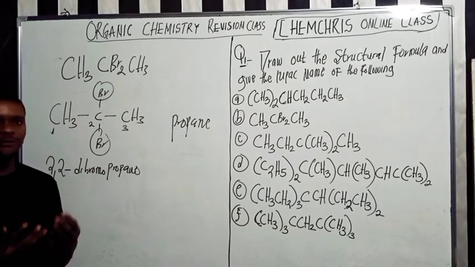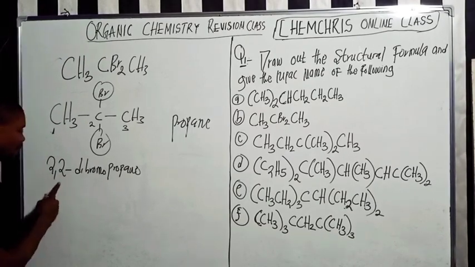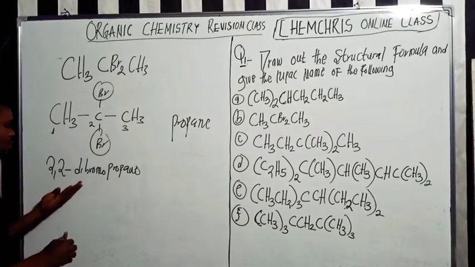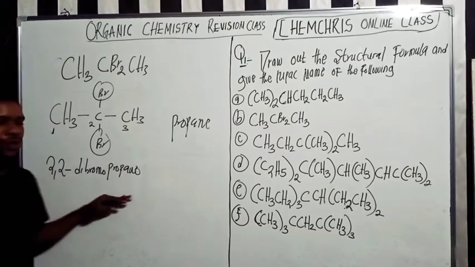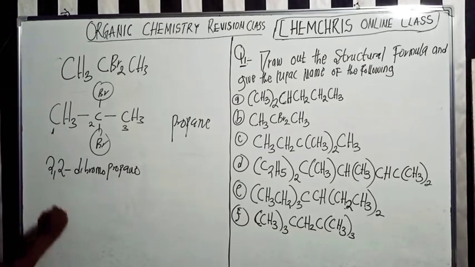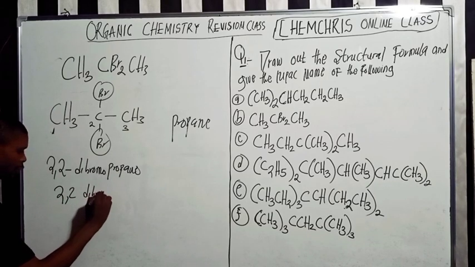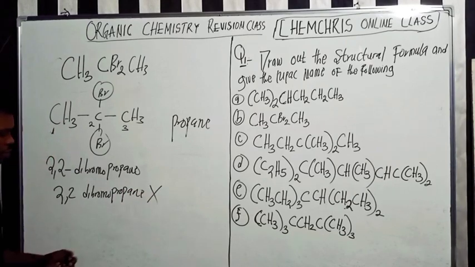Now in your rules of nomenclature, numbers and numbers are separated by what? By comma. And numbers and alphabet are separated by what? Hyphen. So it's going to be 2,2-dibromopropane. Now, probably you want to write it like this: 2,2 dibromopropane. This one is wrong.